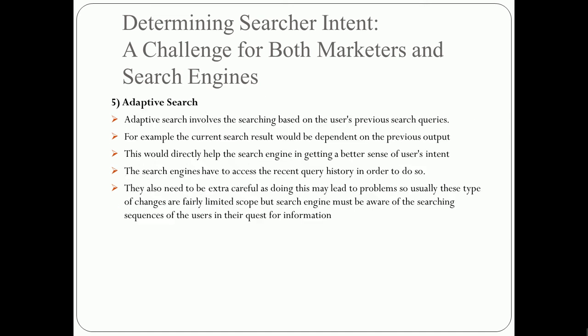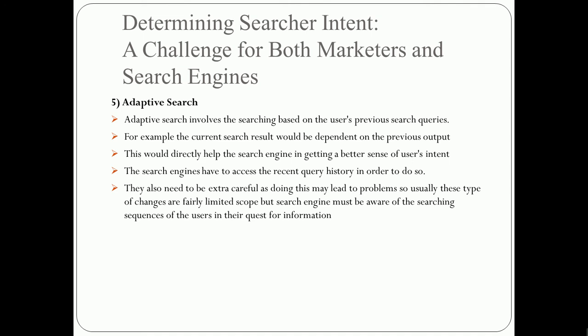The next search is called adaptive search. Adaptive search involves searching based on the user's previous search queries. When users search for something and get a result, the next search is performed based on that, and this is called adaptive search.